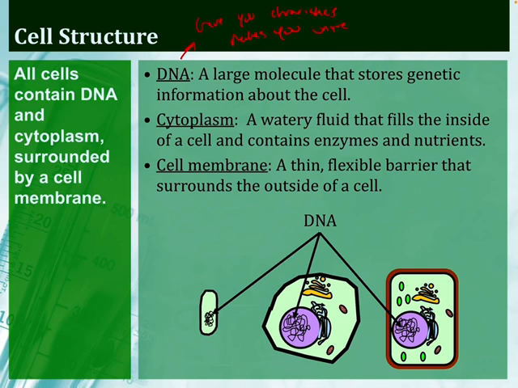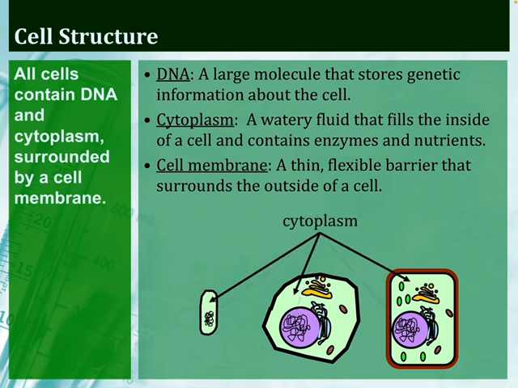We're going to actually learn about this in way more detail later on in the year. We're going to learn all about DNA, how it's made, what it stands for, the different parts of DNA, and what that means for us as individuals. But for now, all you have to realize is that the DNA is found within a cell, and all cells have it. So all cells have DNA.